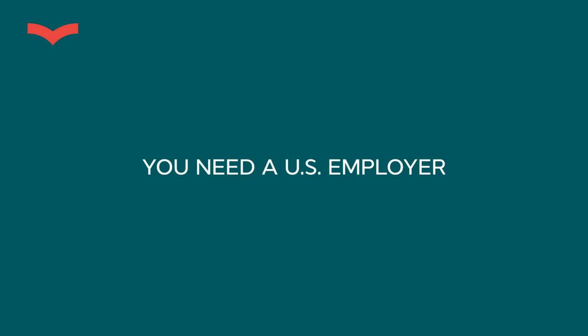There's only one thing that you need to know for O1B: you have to have an employer. So you have to have an American company or an agency or an agent who is going to sponsor your O1 visa. In other words, they have to sign the petition for you, and all your streams of income are going to go through that company, agency or agent. It could be one person. If that doesn't work for you, you can open up your own company and make it your employer.